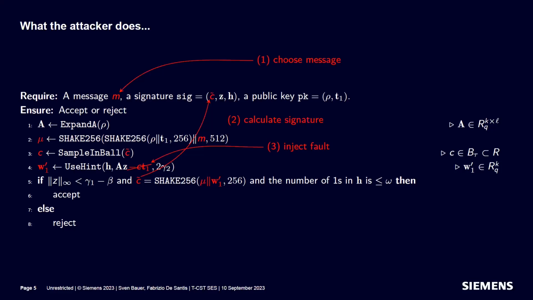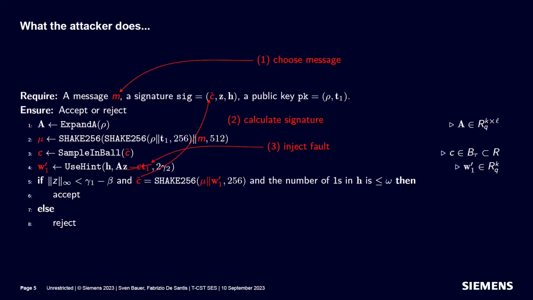Now, why does all of that work? If you go through it from the beginning again, nothing changes in line 1. This is just a public key expansion. Line 2, you get the wrong message hash. Line 3, you get the wrong value of C because we've changed C tilde as the attacker. Never mind, this is skipped here by default.